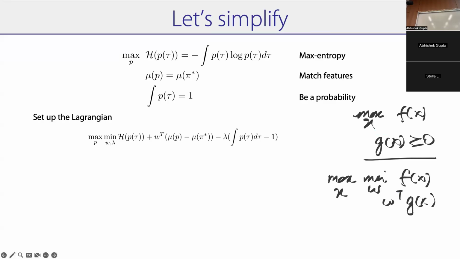So whenever you have a constrained optimization, you can rewrite it into a min-max optimization form.